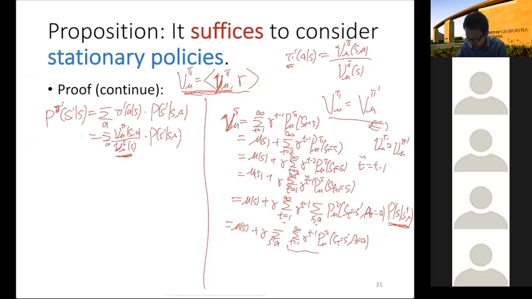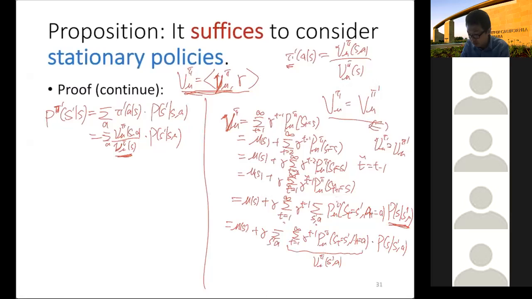So this whole thing is the occupancy measure of pi at s prime and a. So instead of s, now we have s prime, but this is the definition of the occupancy measure. So what we can do now is to apply the definition.